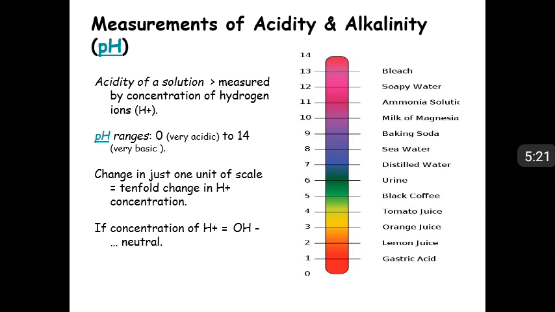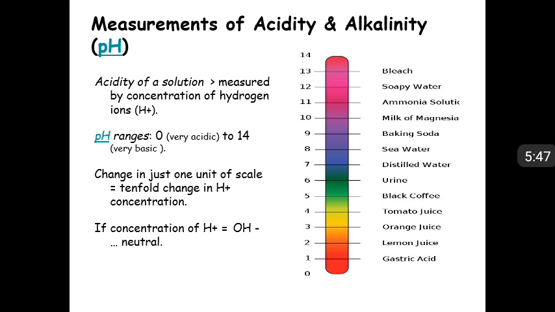Now, measurements of acidity and alkalinity. The acidity of a solution is measured by the concentration of hydrogen ions, H plus ions. Suppose there is an acid which releases more H plus ions, it will be more acidic. Therefore, pH basically means power of hydrogen, that is, hydrogen ion concentration.